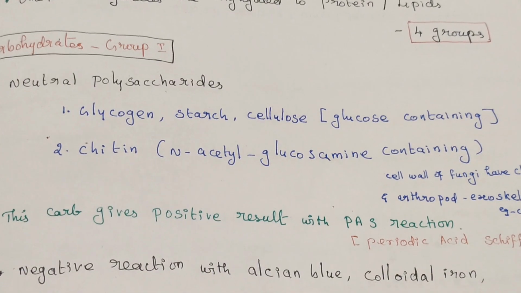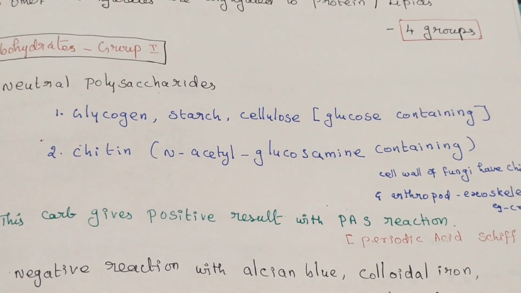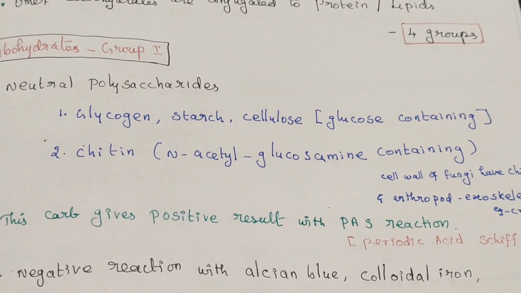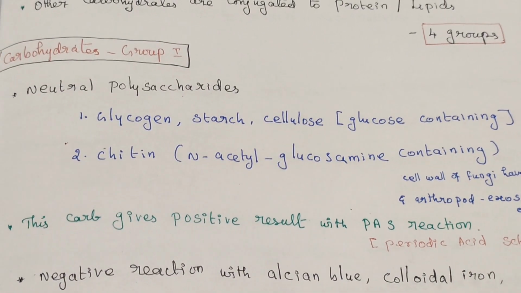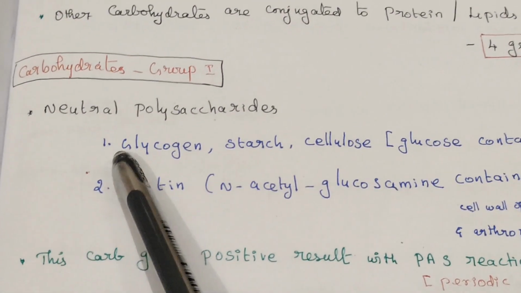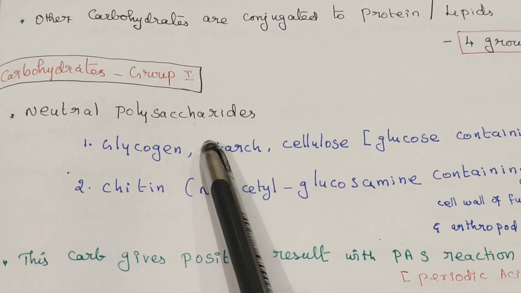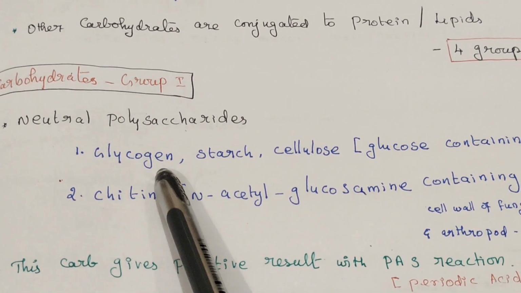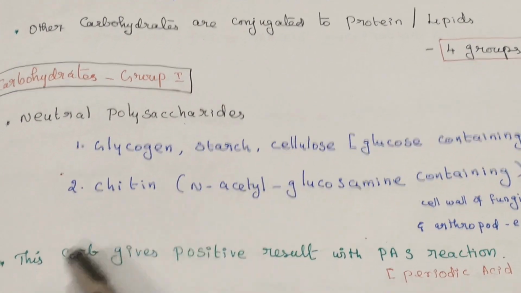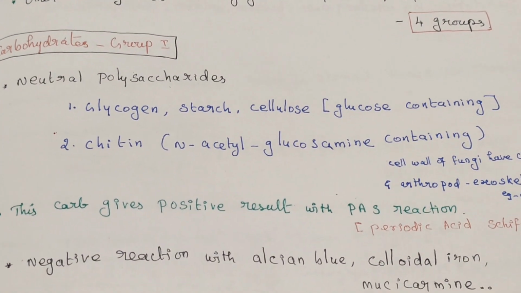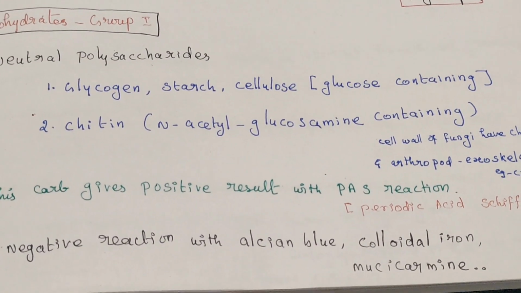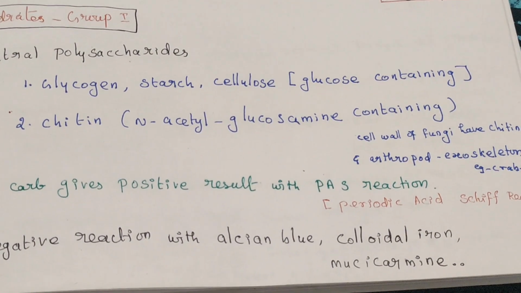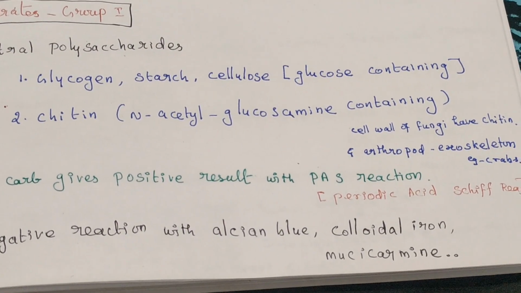So this is the group 1 classification of carbohydrate based on their chemical difference. This is the neutral polysaccharide, for example glycogen, starch, cellulose and chitin: positive in PAS reaction, negative in Alcian blue, colloidal iron and mucicarmine.